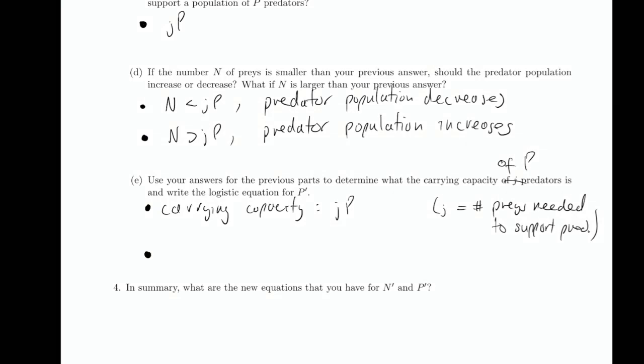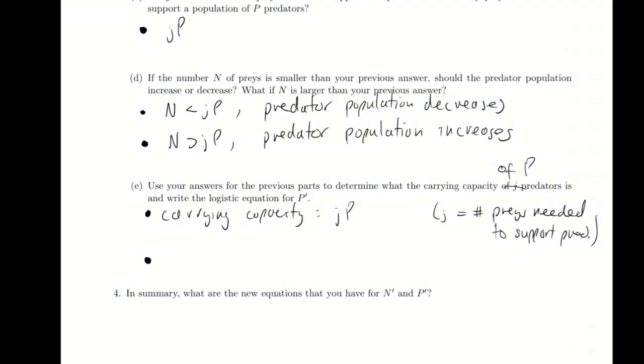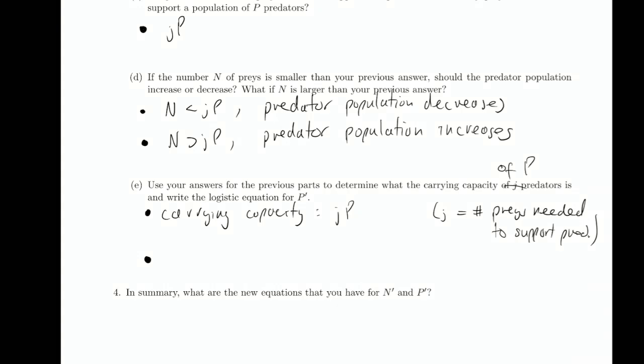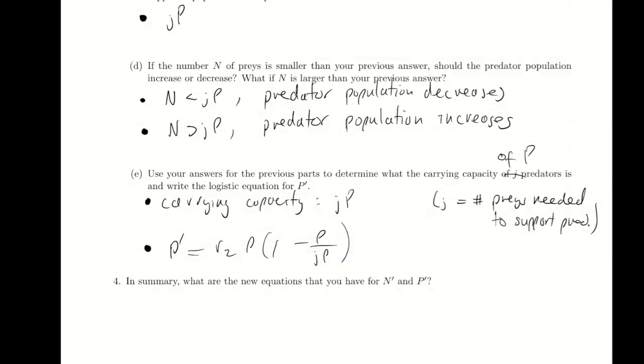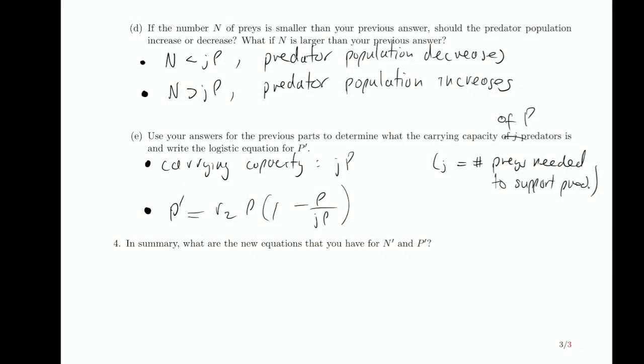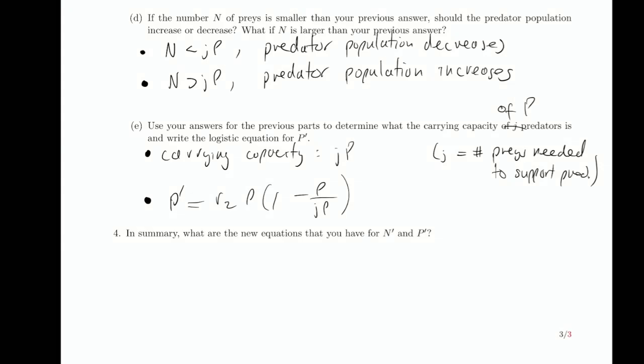Okay. Now we need to write the logistic equation for p prime. This will just be the one that we wrote above, but now we're replacing k with j times p. So now we need to just put everything together.